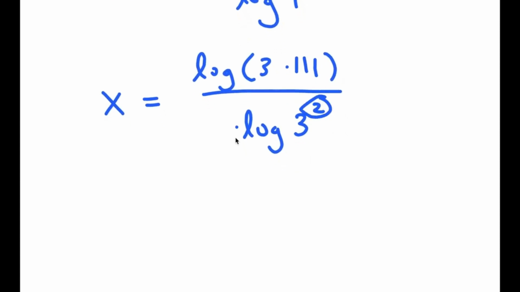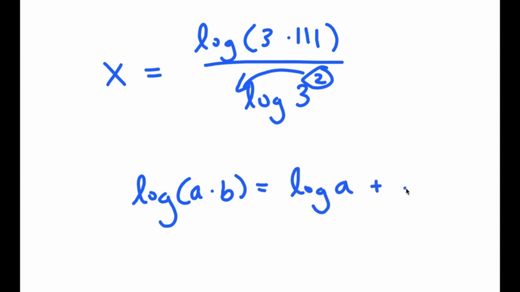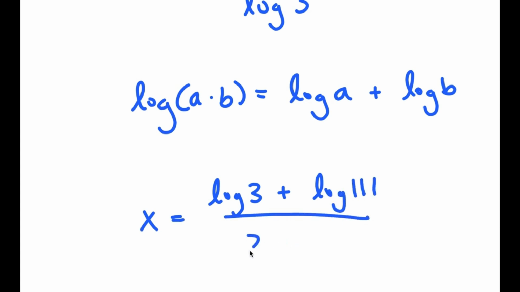Now, we know that if I have something in the form log a to the power of b, I can move b to the front. Another property of logarithms is that if I have something in the form log a times b, this is equal to log a plus log b. So I get x is equal to (log 3 plus log 111) over 2 times log 3.